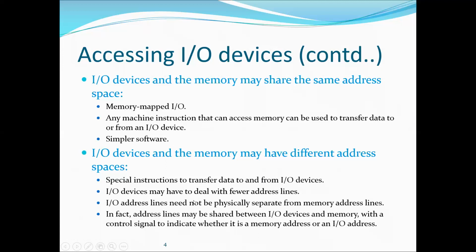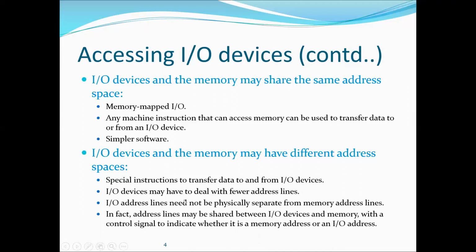IO devices might have to deal with fewer address lines because there are a small number of IO devices. Suppose I have 8 IO devices in total, I might require only 3 bits, since 2 to the power 3 equals 8. If I have 16 IO devices, I might require only 4 bits.